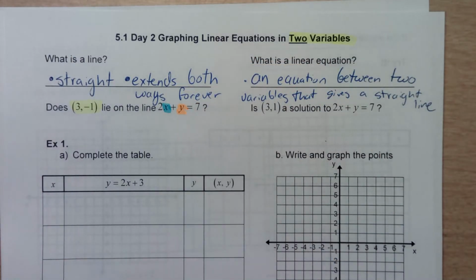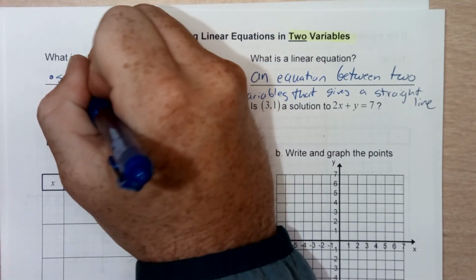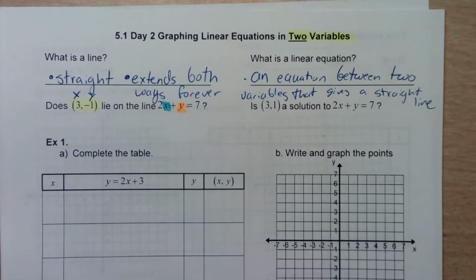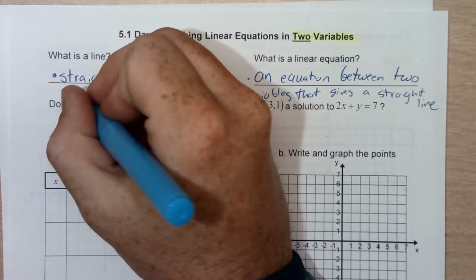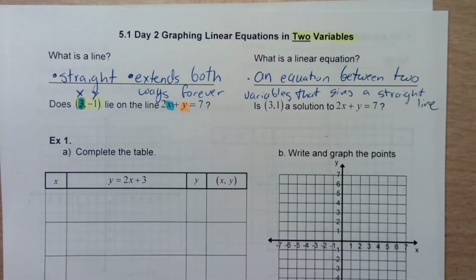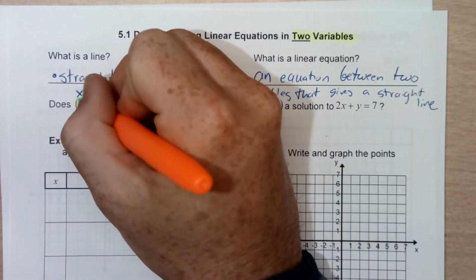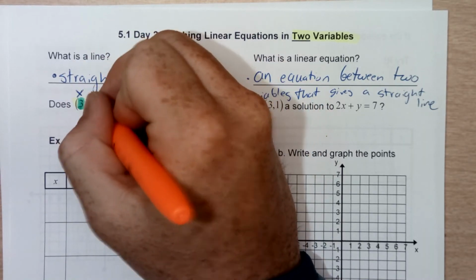Like we were talking about with ordered pairs, they all have an x coordinate and a y coordinate. We'll make this blue to show it's my x, and we'll make this orange to show it's my y. So my x is 3, my y is negative 1.